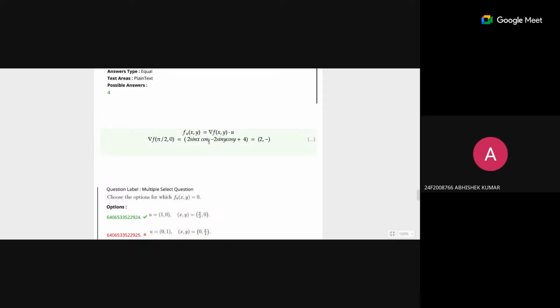Let me calculate again. In the first term, cos x will be cos pi by 2, that is 0, so it becomes 0.